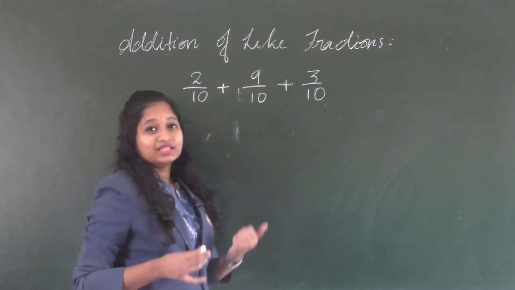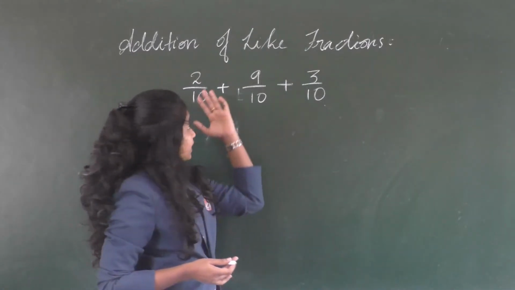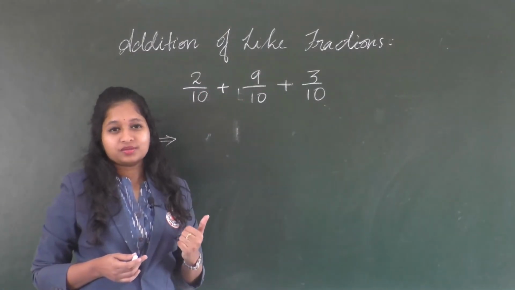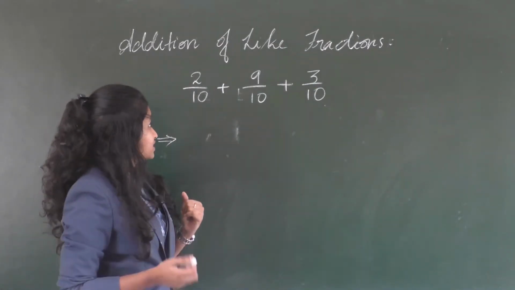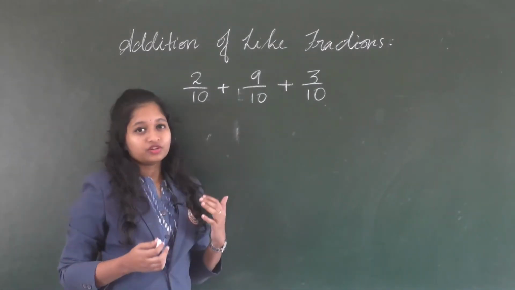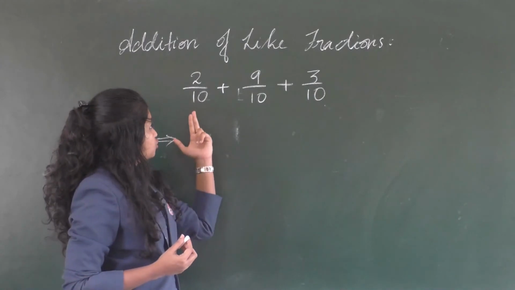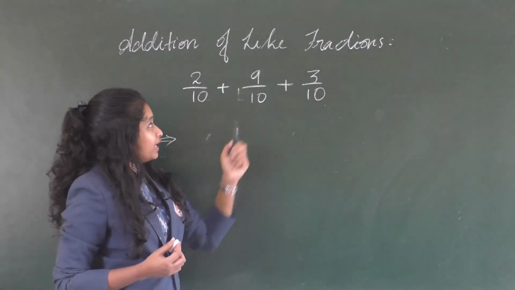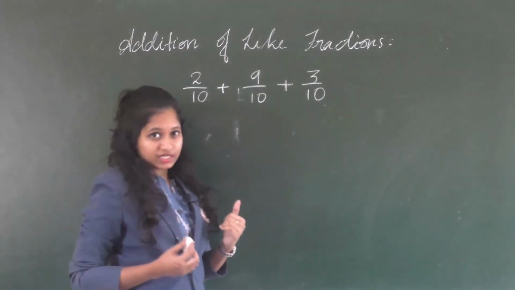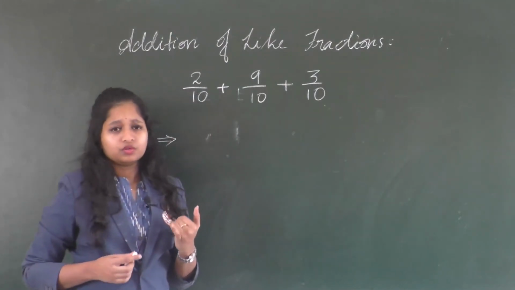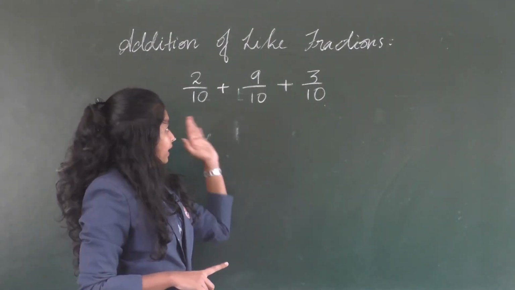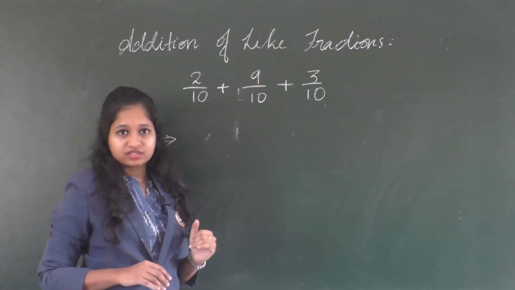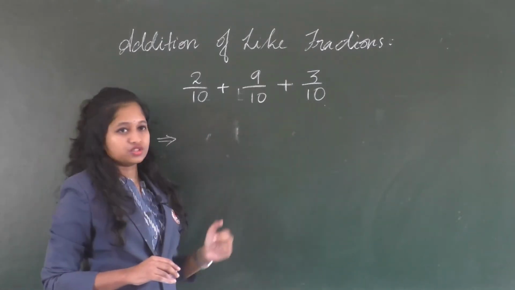So children, now let's learn how to add like fractions. Here I have an example from your exercise: 2 by 10 plus 9 by 10 plus 3 by 10. What you have to do is add all the numerators over the denominator.